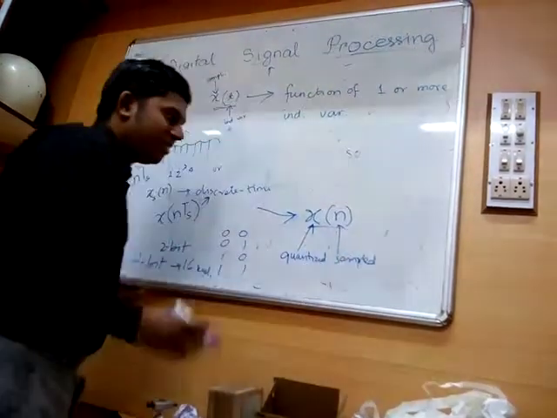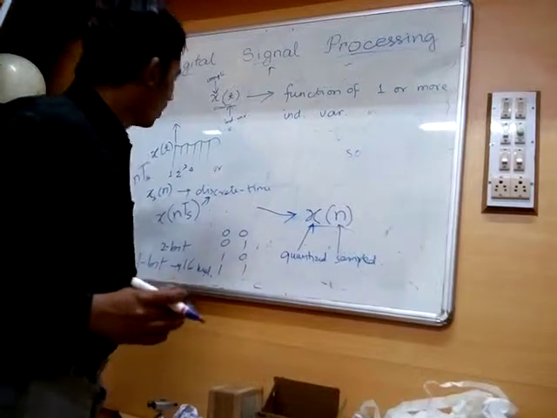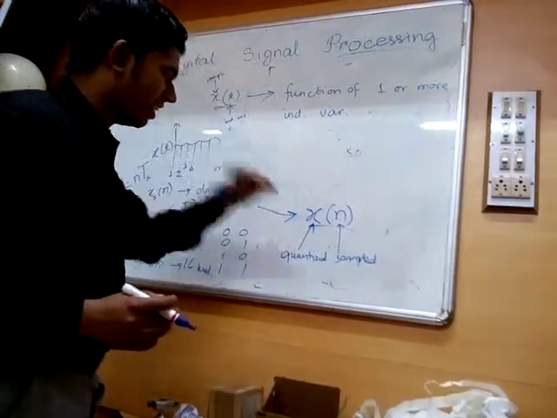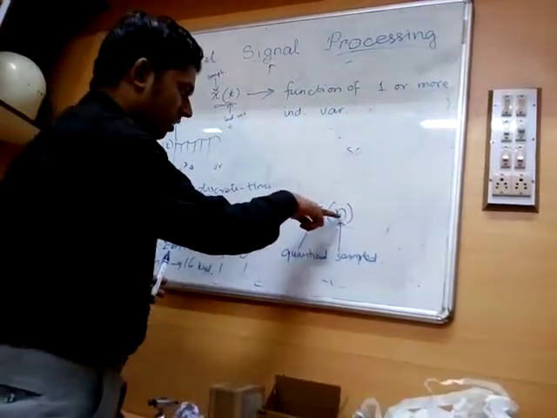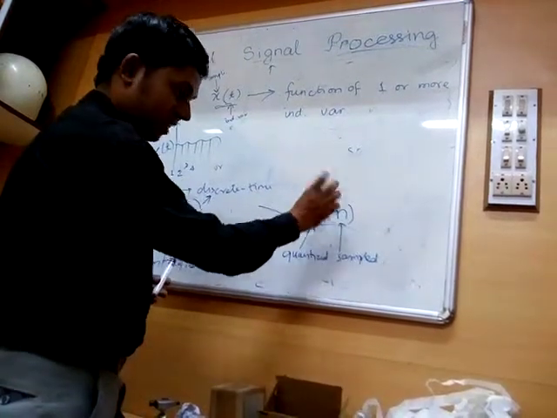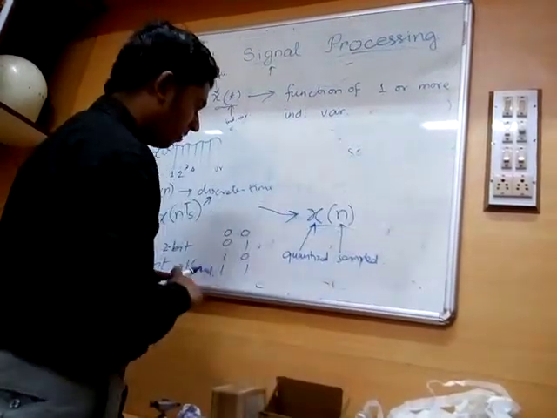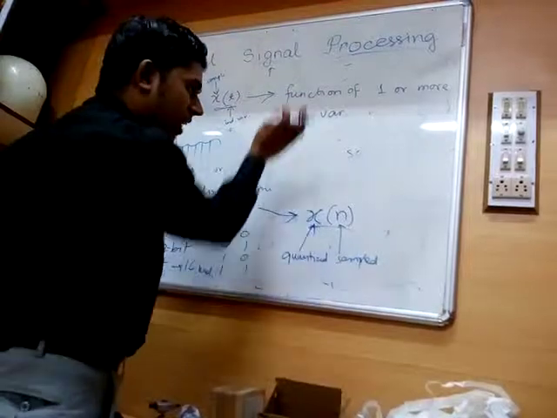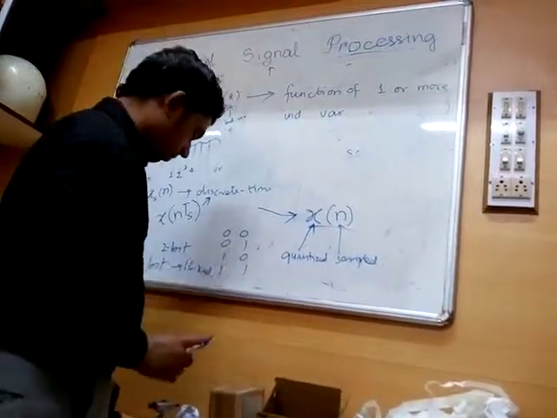To summarize, from a continuous time analog signal, we get a digital signal by first sampling the independent variable, or the time, and then quantizing the amplitude. Okay, thank you.